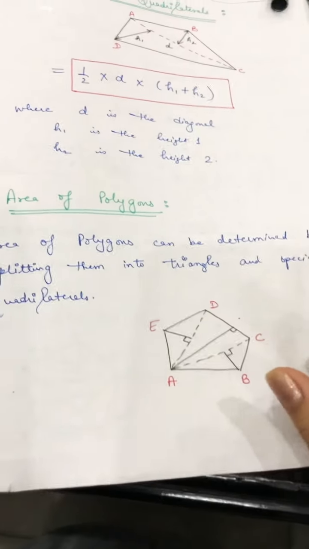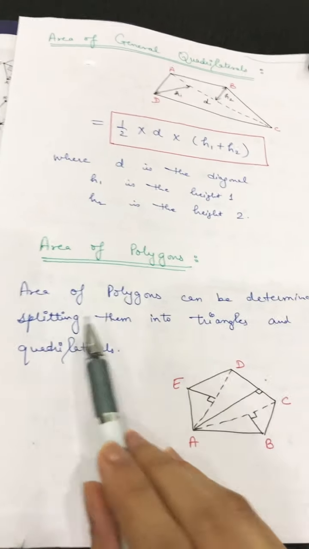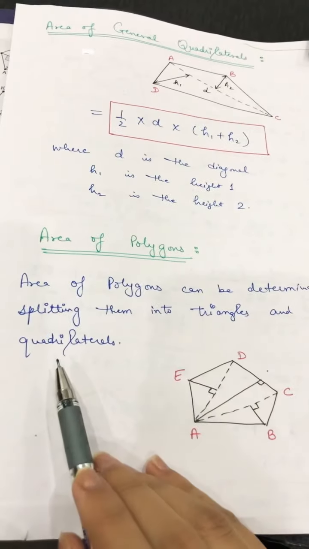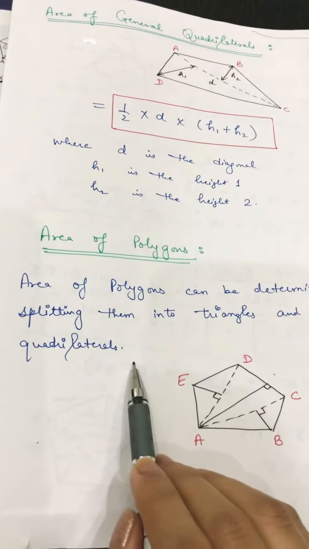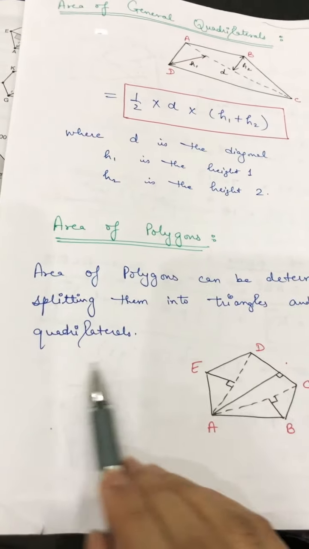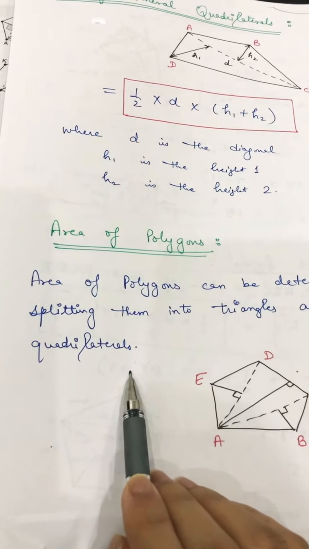So this is the area of polygon, which can be determined by splitting them into triangles and the special quadrilaterals. That can be quadrilateral, that can be parallelogram, that can be trapezium, that can be rhombus. It depends upon what are the things given in the shape.